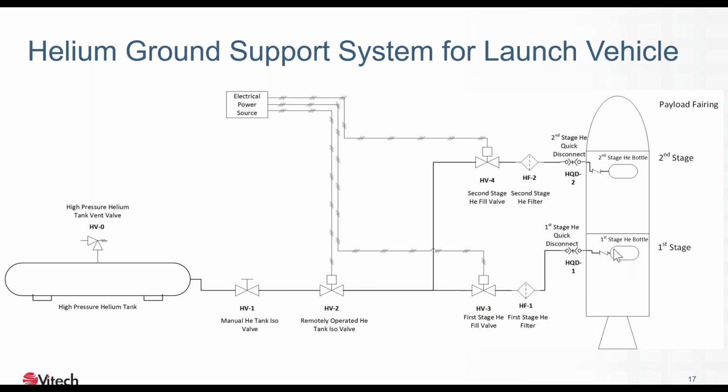Once each of the stages is getting conditioned for launch, typically first stage and then second, the first stage valve will open and the first stage helium bottle will fill. Once it reaches a certain pressure, HV3 would close, and then the process would be repeated for HV4.